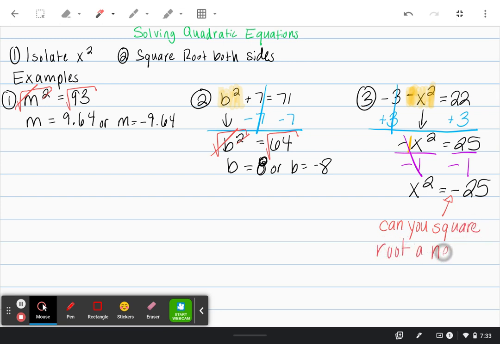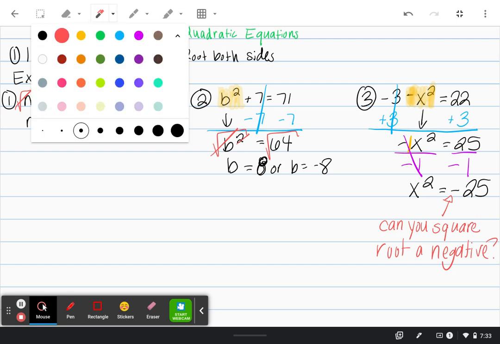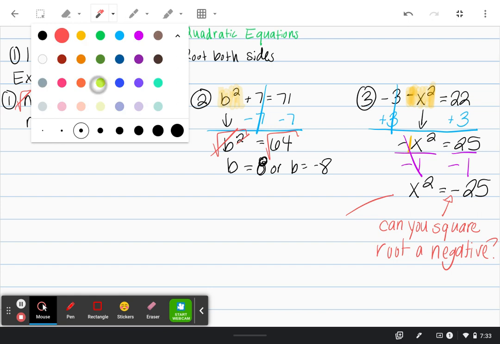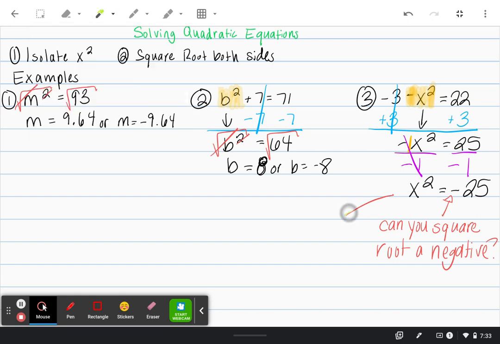So remember what the purpose of solving an equation is. The purpose of solving an equation is to find the value for x. So right now, what you're trying to do right here is find the value for x that when you square it equals negative 25.